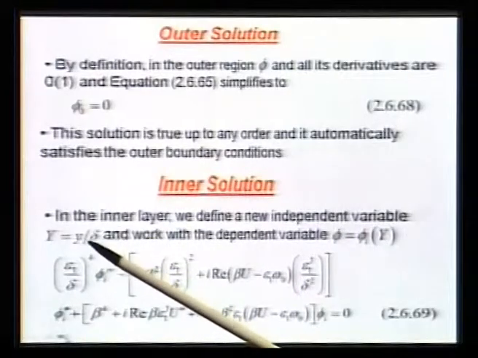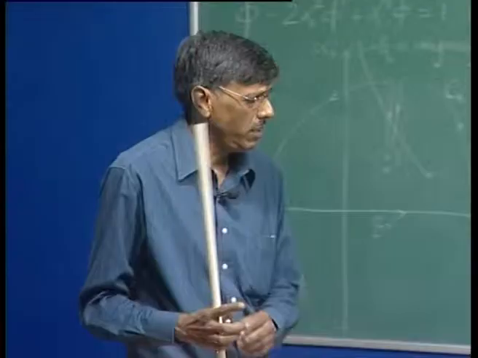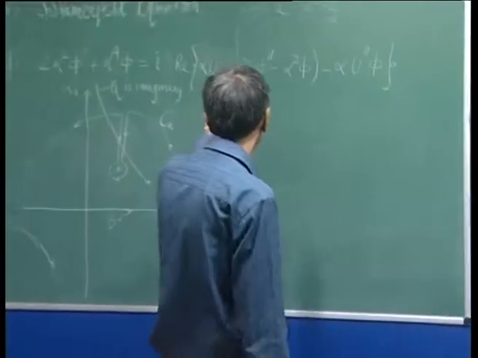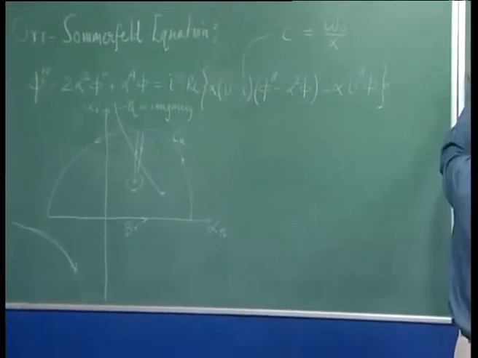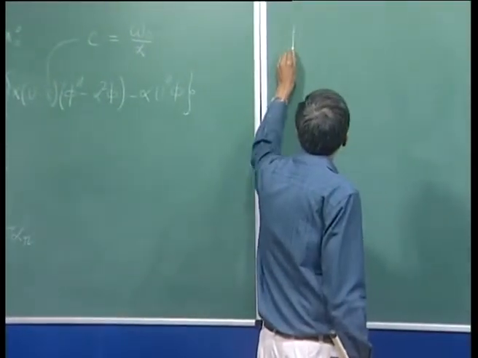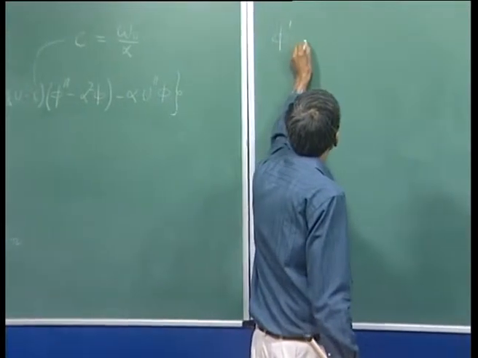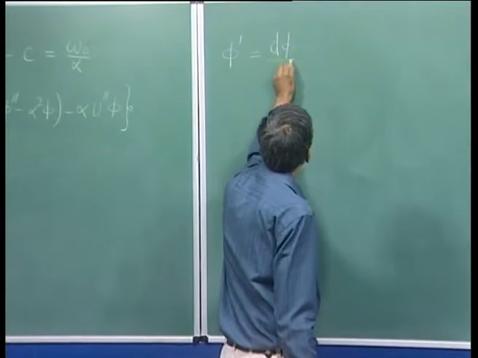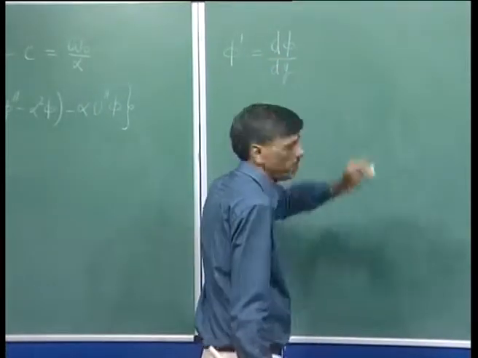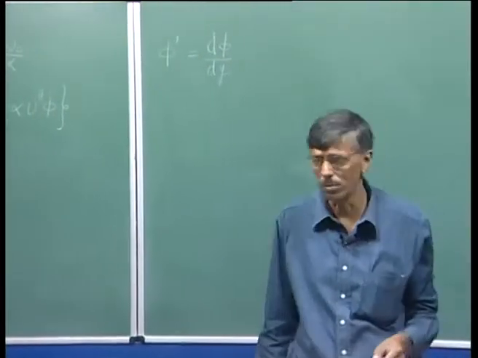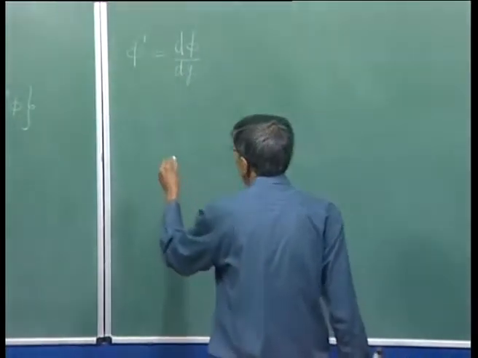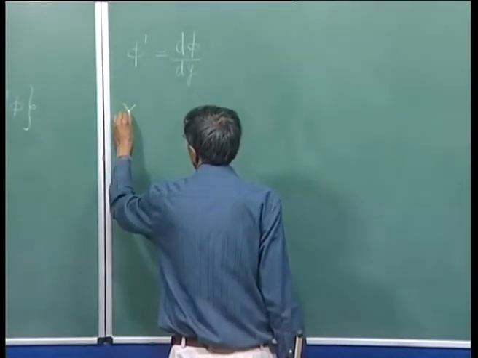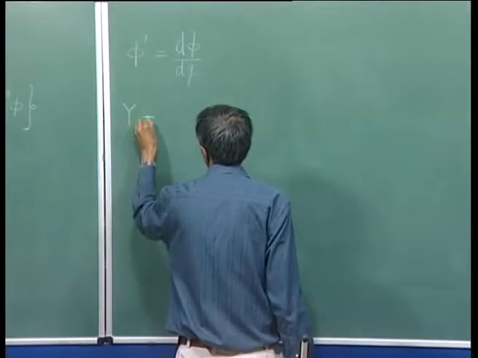So, we introduce this. Then you know all those terms that we have here. Let us say, for example, when I write phi prime, what I mean is d phi dy, the physical variable. Now, what I want to do is introduce a new independent variable.